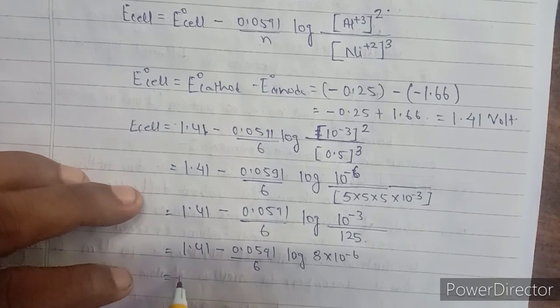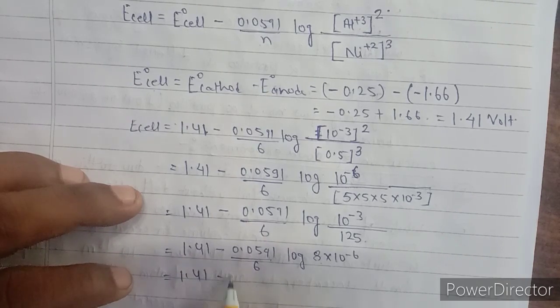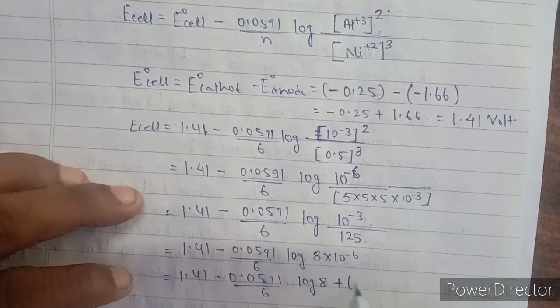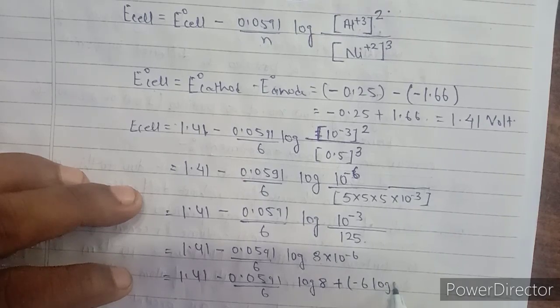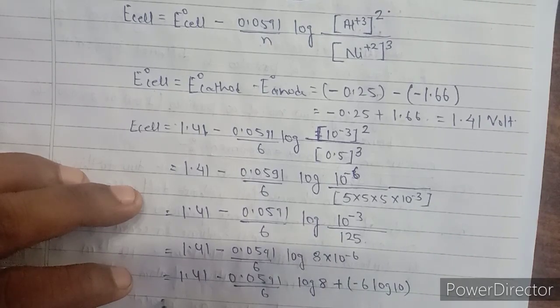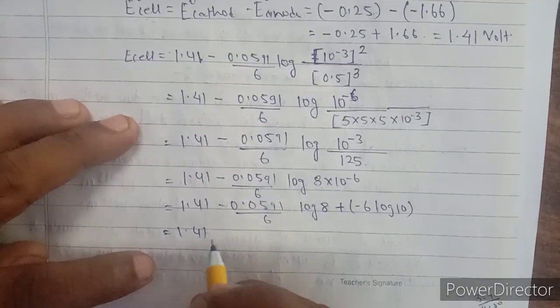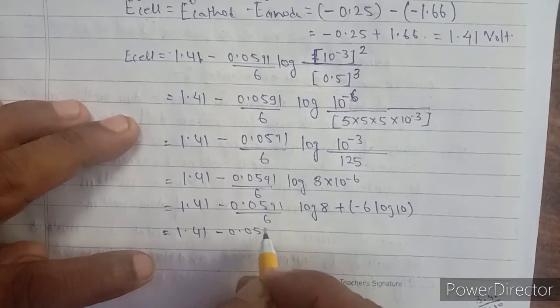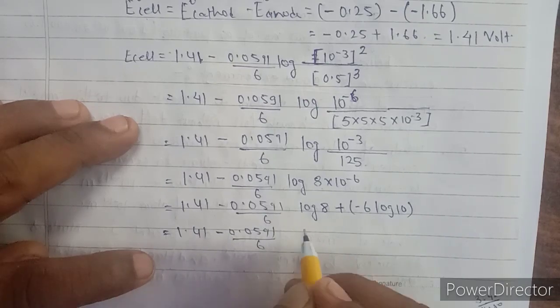Put the value of this: 1.414 minus 0.0591 divided by 6, and here you put log 8 minus 6 log 10.